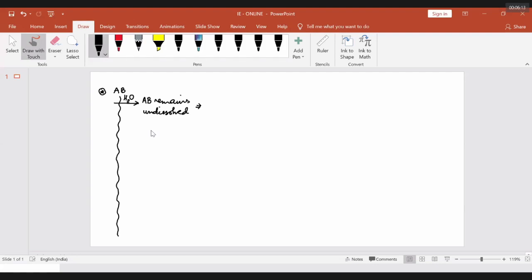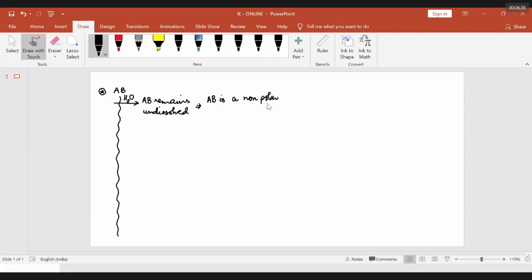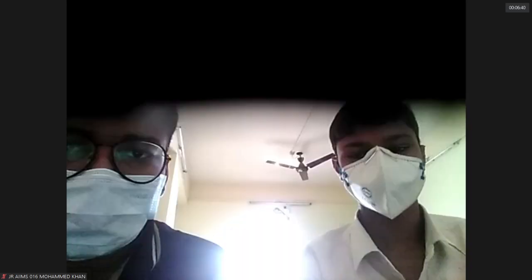If AB is not getting dissolved in water, water is a polar solvent. Therefore, if AB is remaining undissolved in water, the conclusion is that AB is a non-polar covalent compound. Yes, that is conclusion number one. Non-polar covalent compound. Fine.